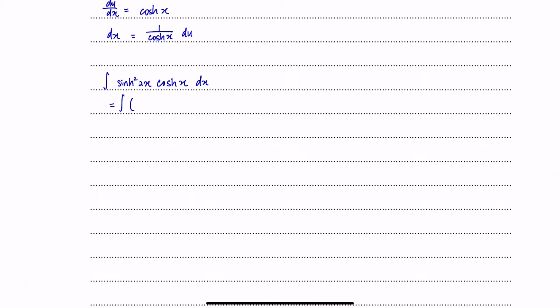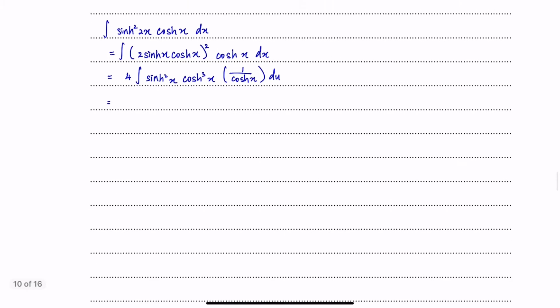So we get the integral of (2 sin x cos x) squared times cos x dx. And now we have 4 times the integral of sin squared x cos cubed x, and now we change the dx to du. So dx is 1 over cos x times du.